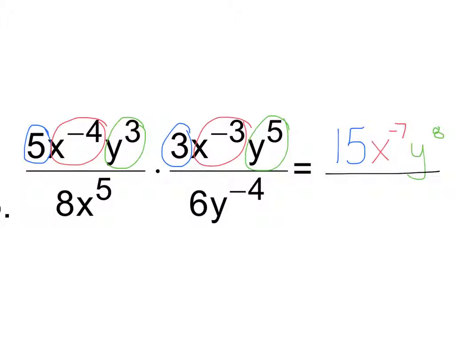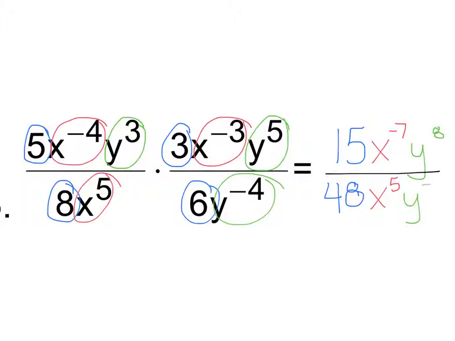all over, got my just numbers, the coefficients, 8 times 6 is 48. Okay, and then let's see, I have one thing of x, so x to the 5th, and then y to the negative 4.